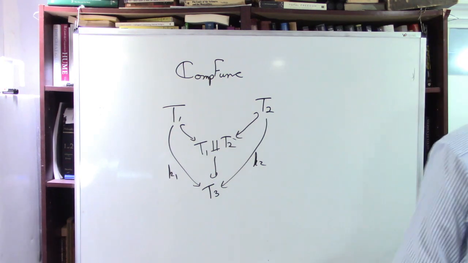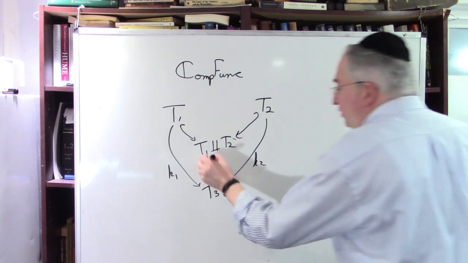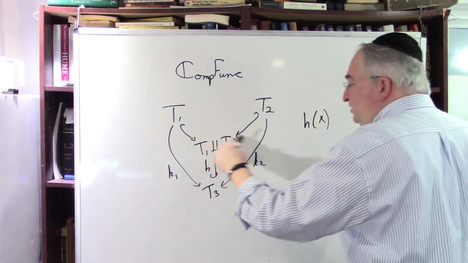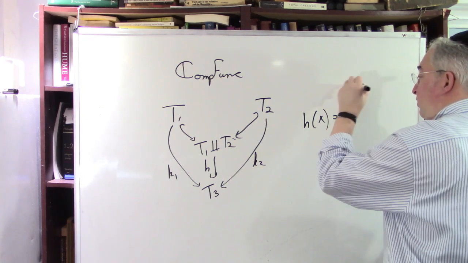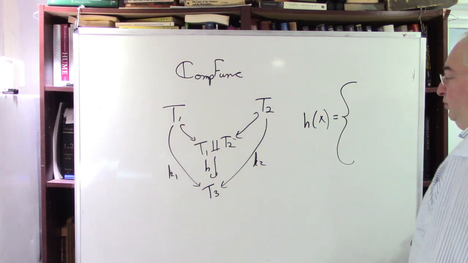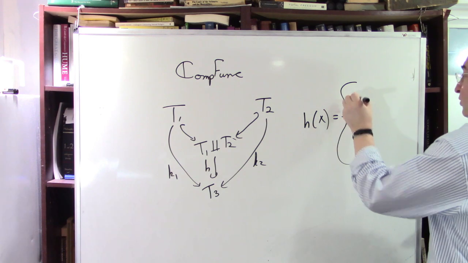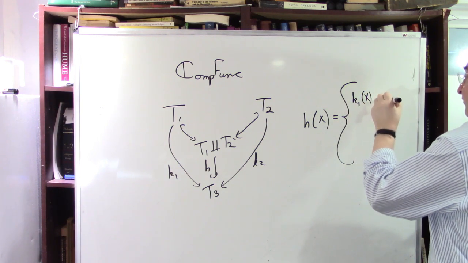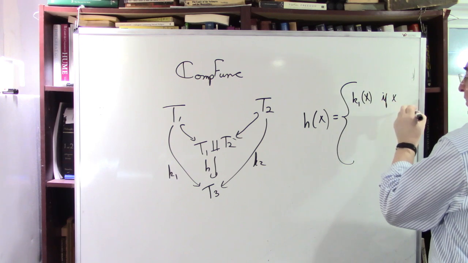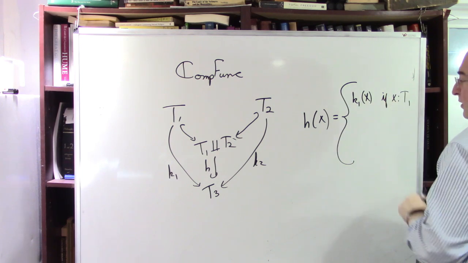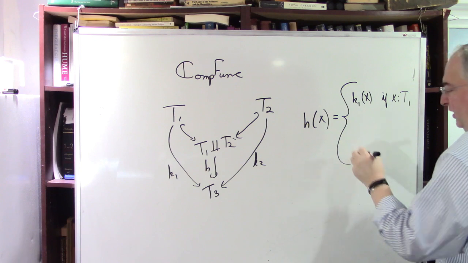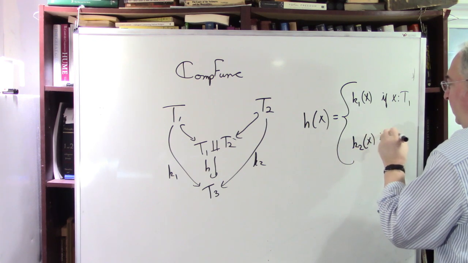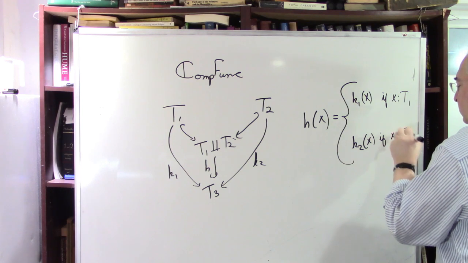Let's show you. We're going to call this H. H of X, where X is some element in here, is either equal to K1 of X if X is in T1, or K2 of X if X is in T2.